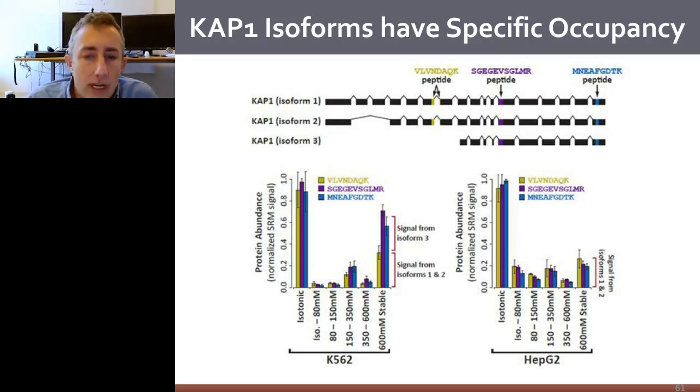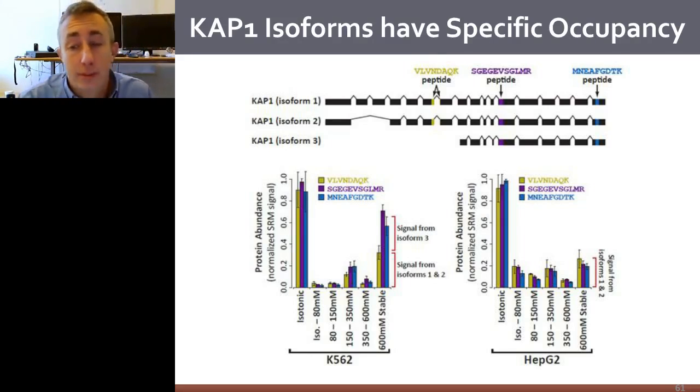When we spent a little more time looking at this, it turns out there's actually a 3rd isoform, and this 3rd isoform does not include this extra peptide. So by measuring different individual peptides, you can get isoform-specific information. The purple and blue peptides represent the signal from isoforms 1, 2, and 3, and the green or yellow peptide represents the signal from isoforms 1 and 2.